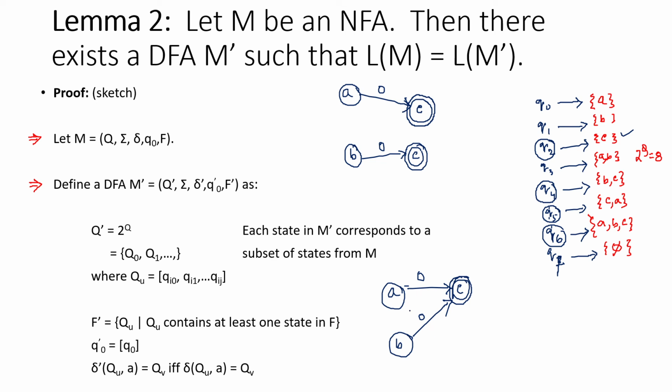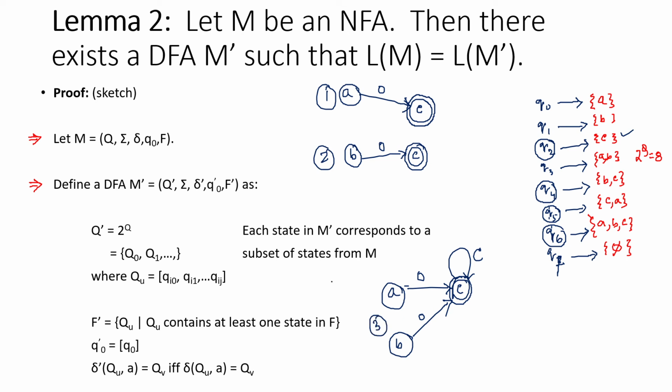Even it may come from A, B as well as C. So we have possibility number 1, possibility number 2, possibility number 3.